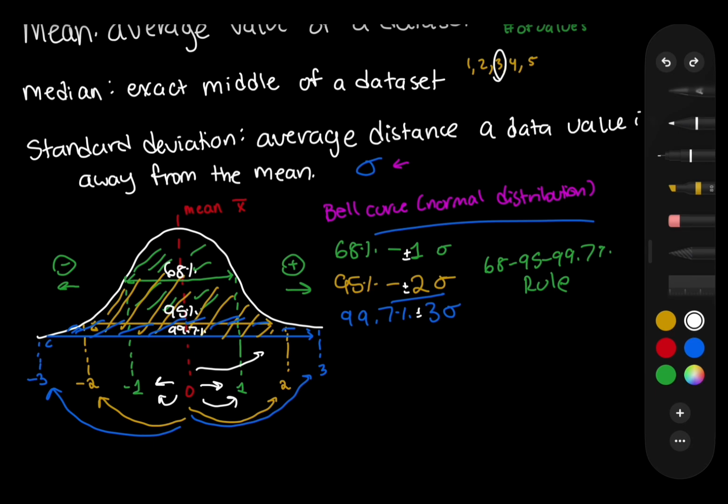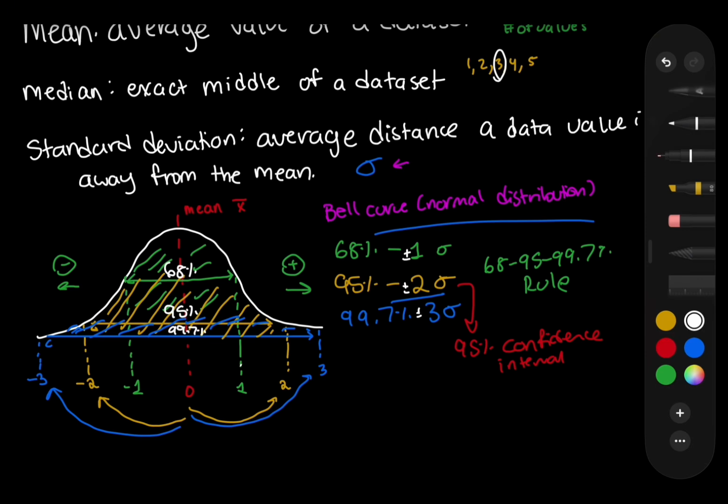If we're going to the left, it's negative, and if we're going to the right, it's positive. Now, the most common standard deviation that we're going to see is 95%. And we're going to see that in something called the 95% confidence interval. And lastly, we have 99.7%. So if we go from 0 to either +3 or -3, it's gonna fall under 99.7%.